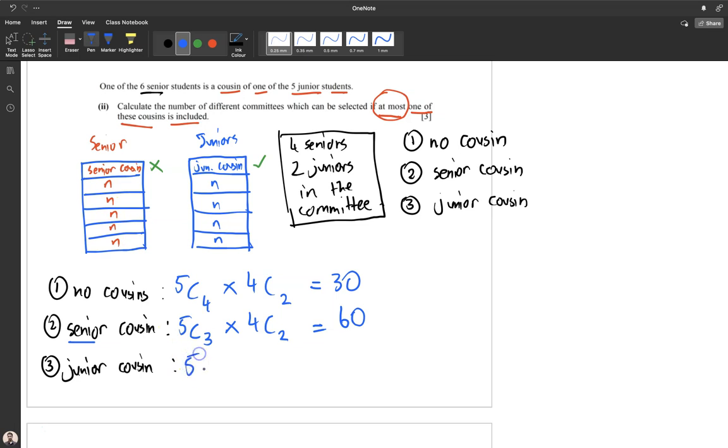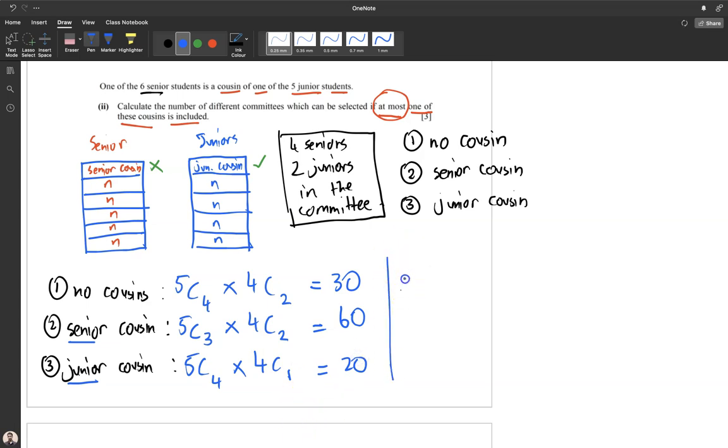So from the 5, I still need to choose 4 of them. Now there will be some differences here. Out of the 4 juniors, I can only choose 1 because we have already chosen the junior cousin. So I don't need extra juniors. I just need 1 more. So in this one, I'm going to get 20.